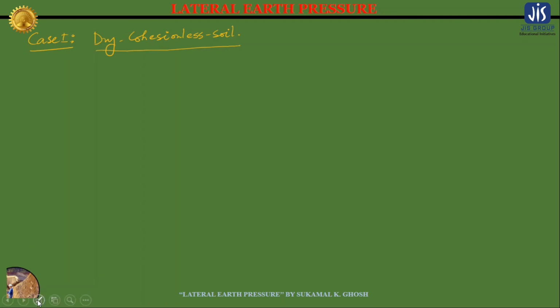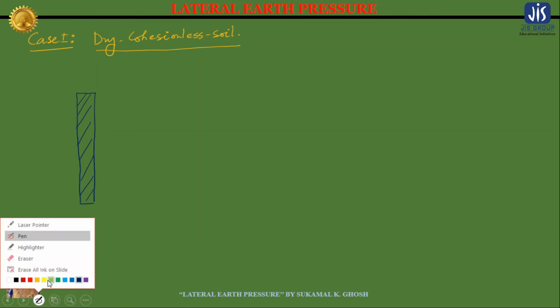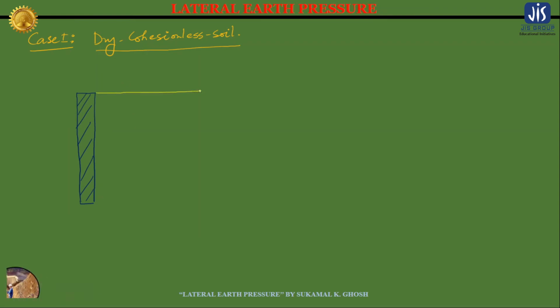So, let us consider a sheet pile retaining dry cohesionless soil. Okay. So, this is the sheet pile and it is retaining dry cohesionless soil. Okay. Now, the height of this sheet pile is suppose h.